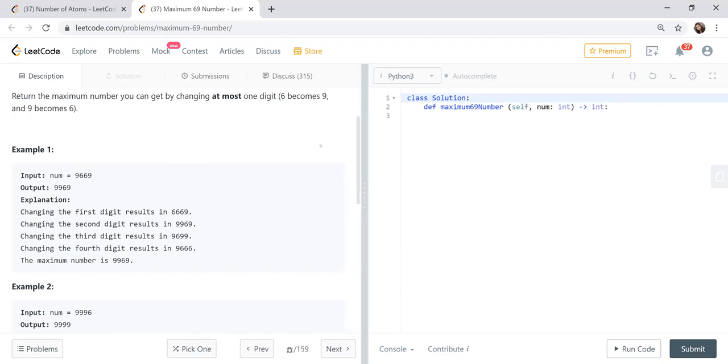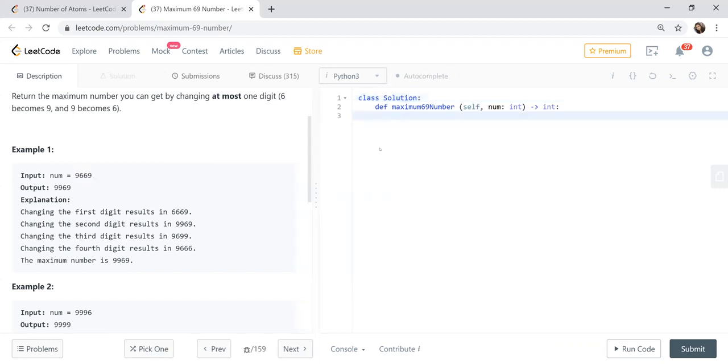So everybody is following this approach. I should write it down. So for example, we have 9669. We need to see which digit we should change so that it will become the max number. If we change anything from the start, it will become the max number.